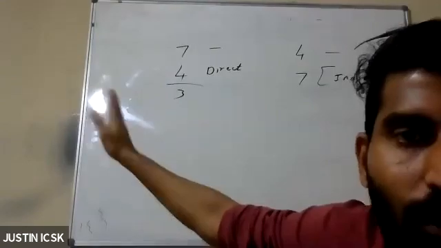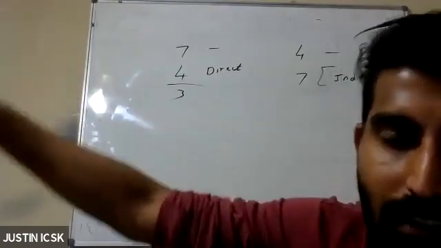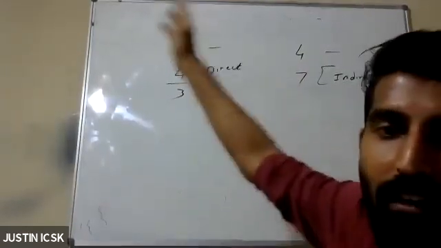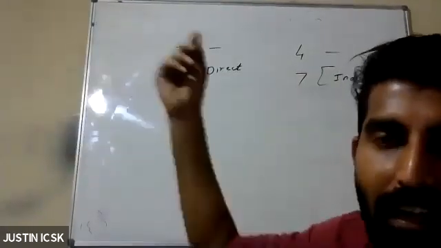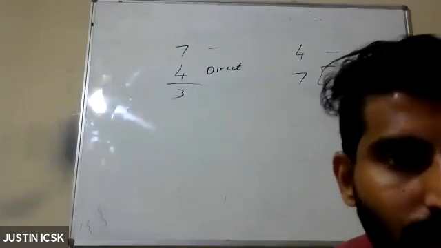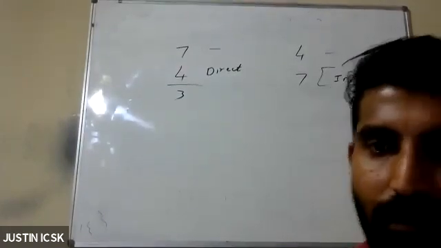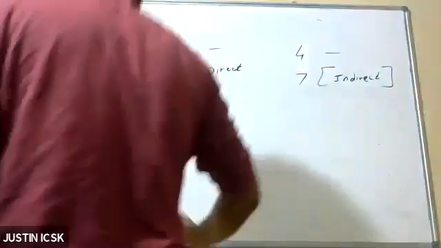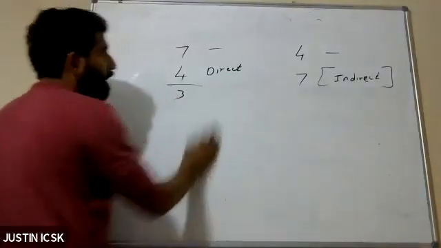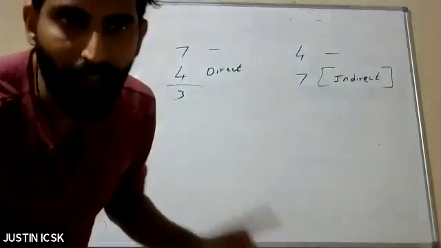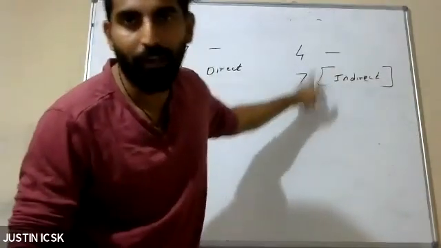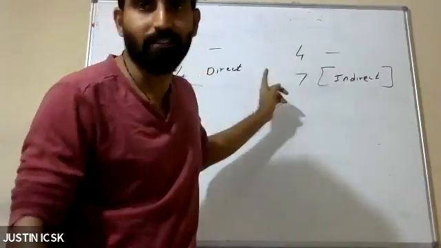Instead of taking one from the other side, I'm not taking the carry. If someone makes mistakes in carrying and subtraction, I'm using the other method, and only that method we are applying. So I'm noting direct and indirect. Whenever I say indirect, it should come to your mind that indirect means carry.